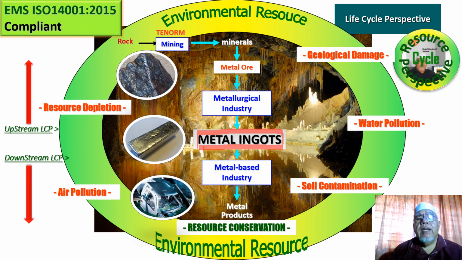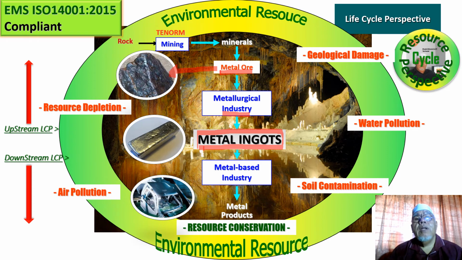It comes from the metallurgical industry, of course. There are one or two more industries. I can lump them together as metal-based industries, and eventually they get raw material, which is iron ore.